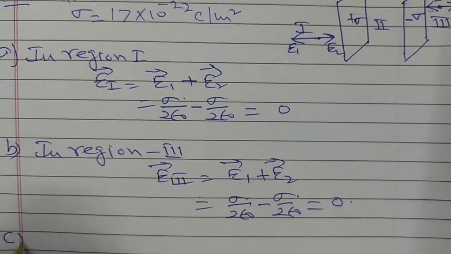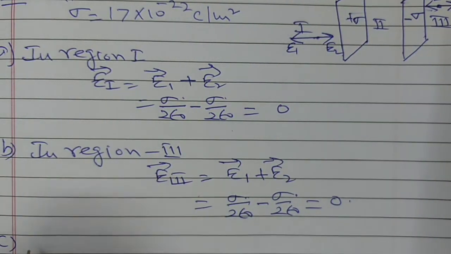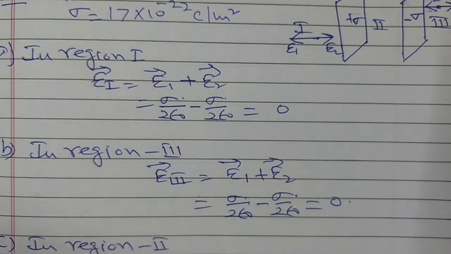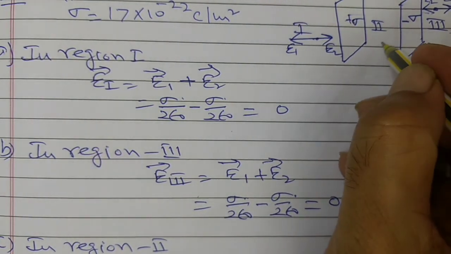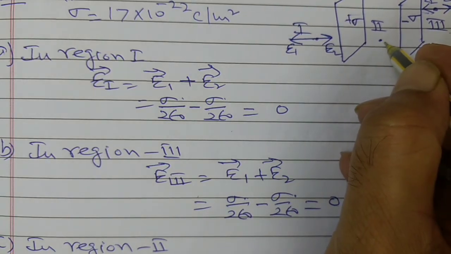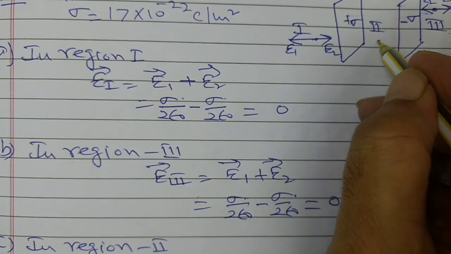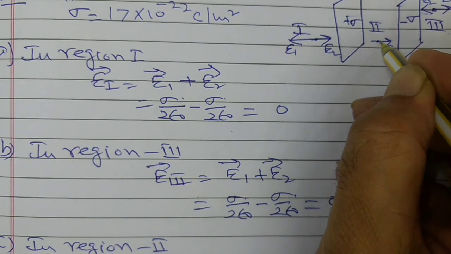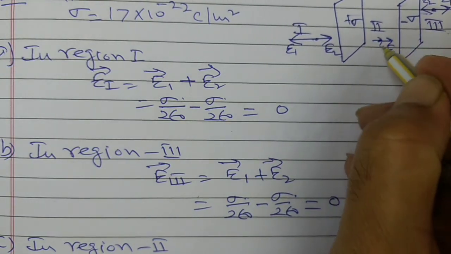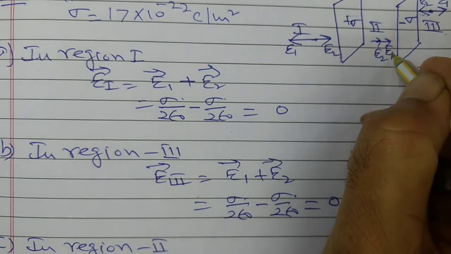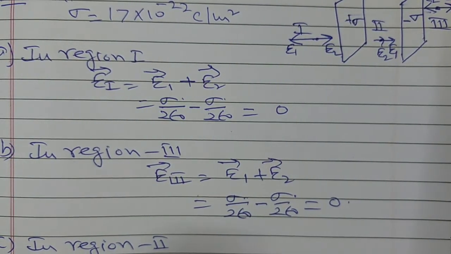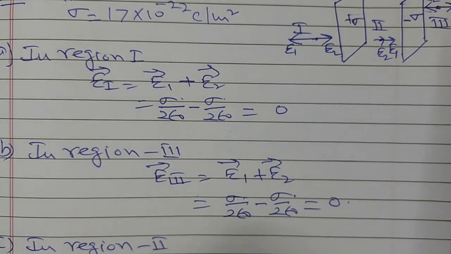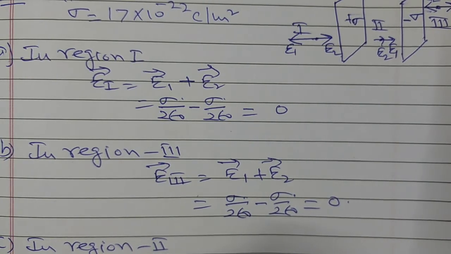Similarly, C part, between the plates, that is in region second, the electric field intensity in the second region. Suppose here electric field intensity due to first plate is this, away from the positive charge, and due to this negative plate is also in the same direction, this is E2, and hence this E second is equal to E1 vector plus E2 vector.